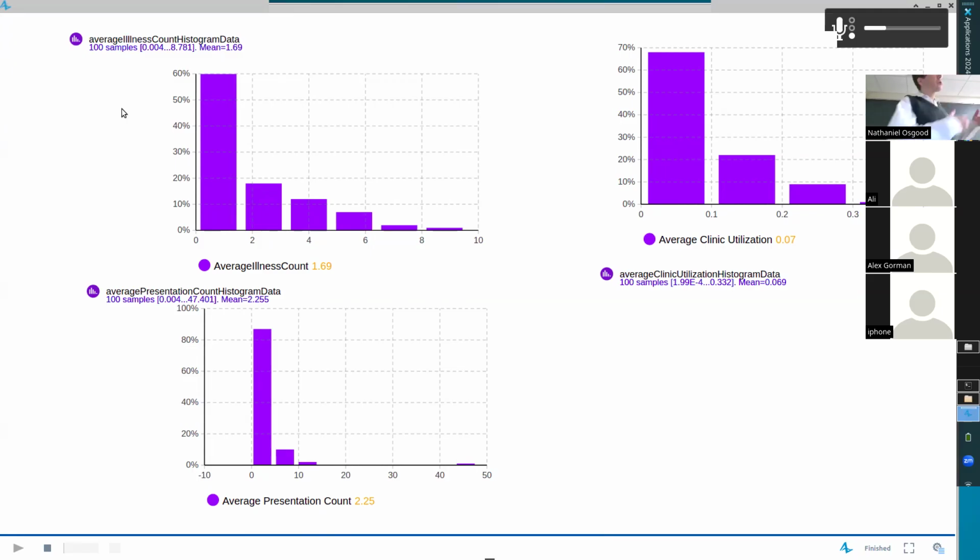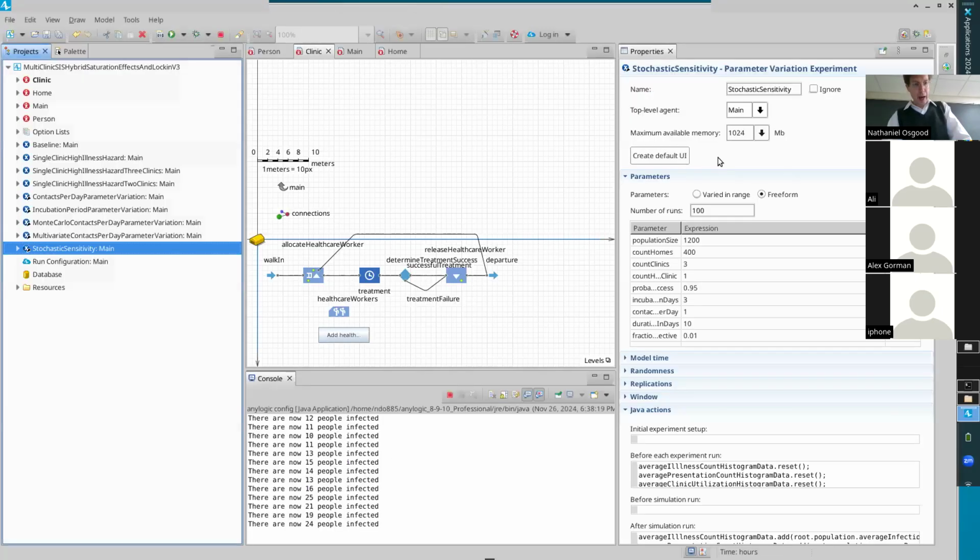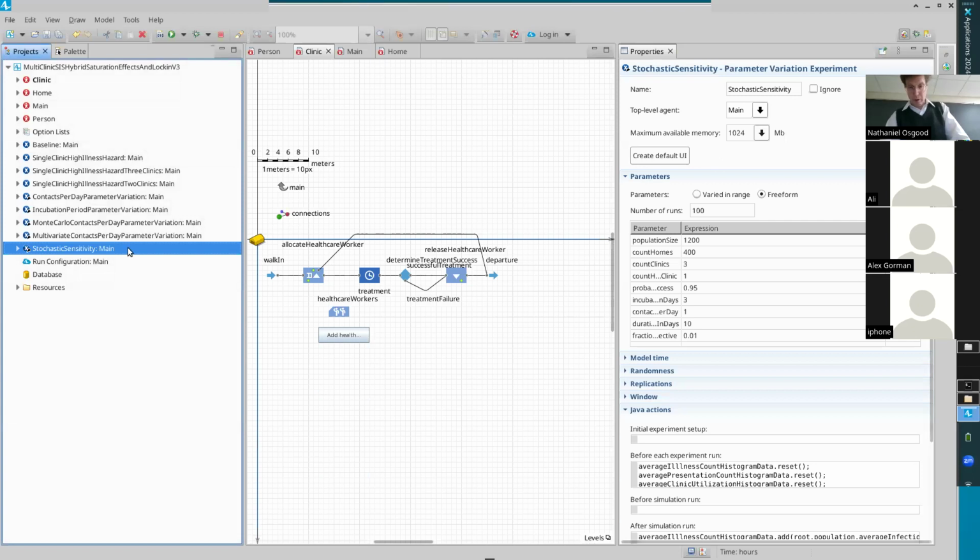So what this is telling us is there are a large number of runs where it doesn't take off. There are some where it does, and we can have 10 infections per individual, for example. So this is stochastic sensitivity analysis. We're running it again and again and seeing the results.